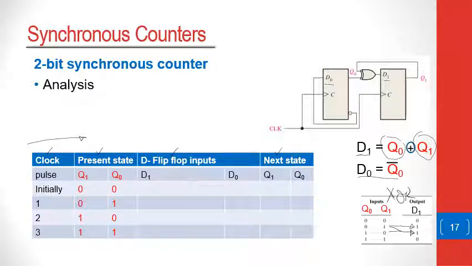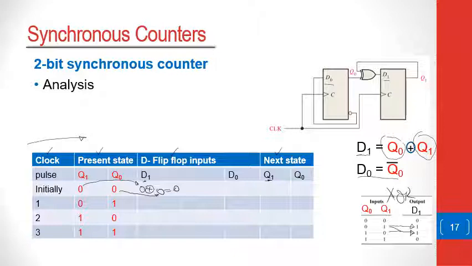So we see that the next state Q1 is affected by the input D1. The input D1 itself would be the exclusive OR of Q1, which is 0, and Q0, which is also 0, and this would give us 0.